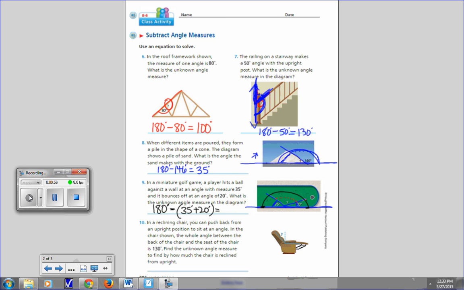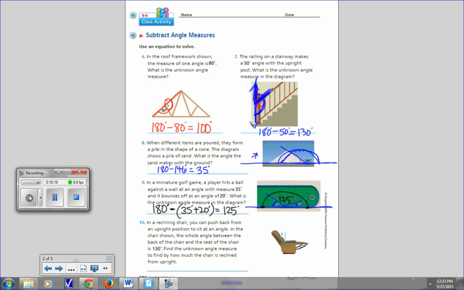So 35 plus 20 is 55. So I have to do what's in the parentheses first. 180 minus 55 is going to give me 125 degrees. That's what's going to fit in that slot right there to equal 180 degrees all the way around.